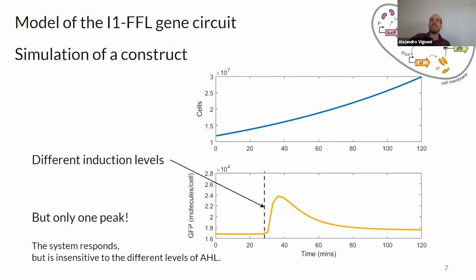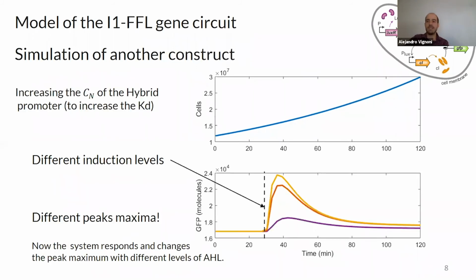So we learned that we had to have a hybrid promoter with an increased KD to be able to sense the concentrations of AHL that we were putting into the system. And once we did that, we were able to get detection of the changes in the induction levels, and to have peaks with different maximum values depending on the level of AHL we put into the system.